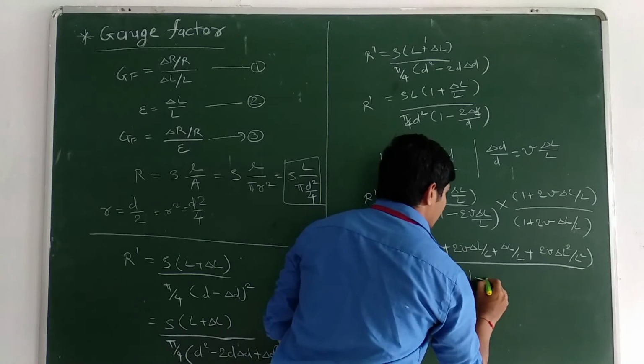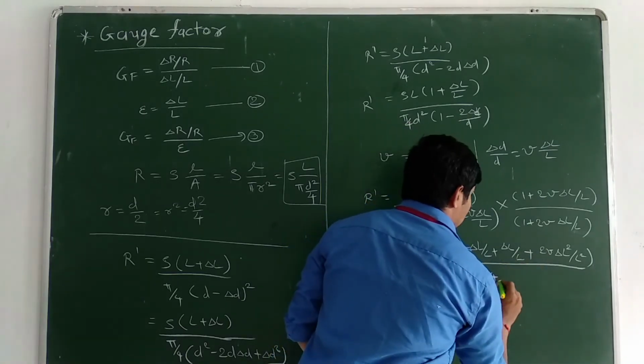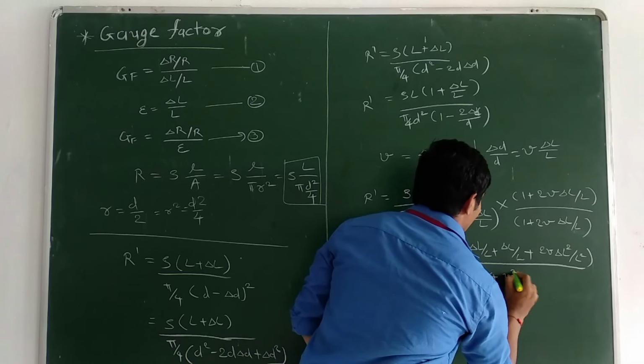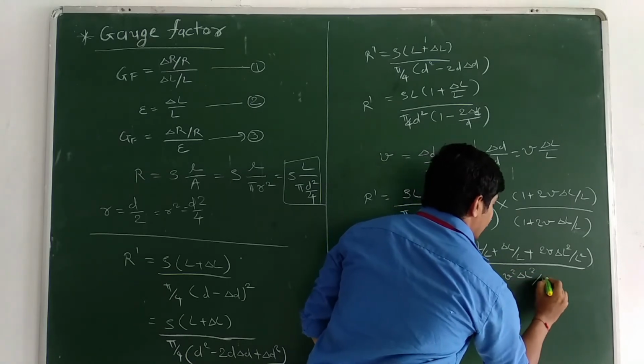Now multiplying both terms, 1 minus 4 V square delta L square divided by L square.